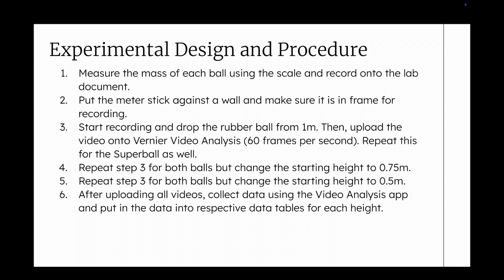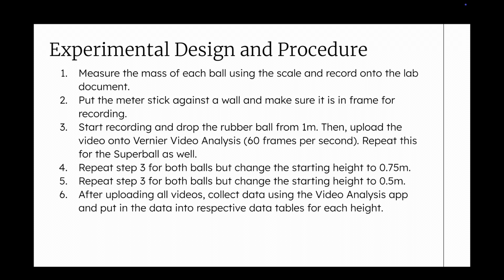Next, we repeated this for the super ball as well, dropping it from a 1 meter height. Then we repeated step 3 for both balls, but we changed the starting height to 0.75 meters. And again, we repeated step 3 for both balls, but this time the starting height was 0.5 meters.